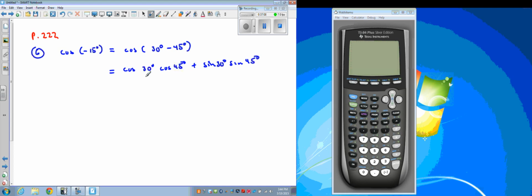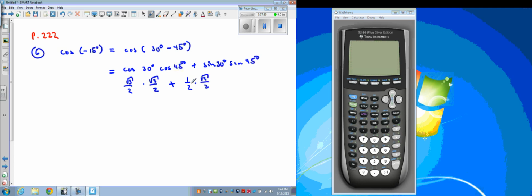No, it's square root of 3 over 2. And then the cosine of 45 is square root of 2 over 2. The sine of 30 degrees is 1 half, and the sine of 45 is square root of 2 over 2.